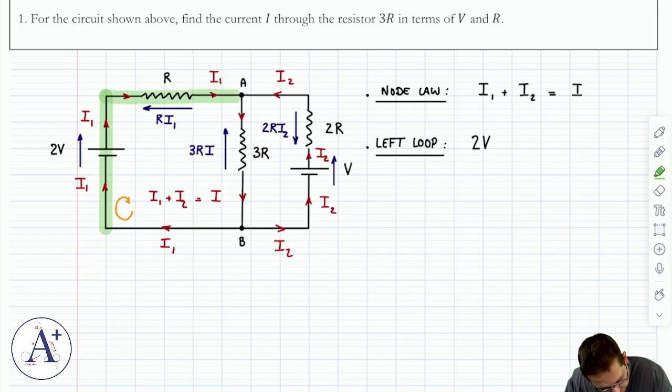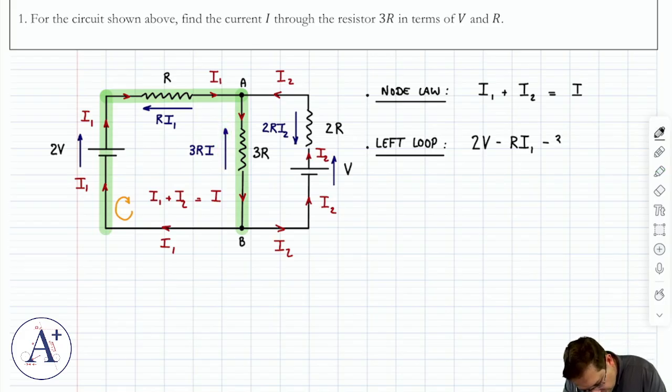Now I'm traveling to the right, but RI1 points to the left, so I subtract RI1. Now I'm traveling down, but 3RI points up, so I subtract 3RI, and then that's all going to add up to 0, because as I go across this branch, there is no voltage to account for.